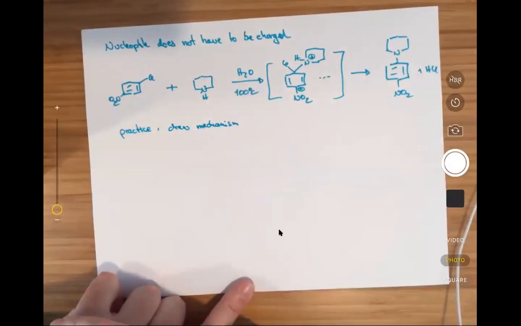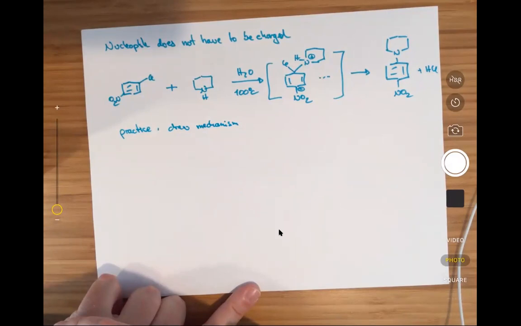All right, so there are a couple of characteristics that are very, very important for these reactions in order to work well. Characteristics of good SNAr reactions. And we're going to list them down here.